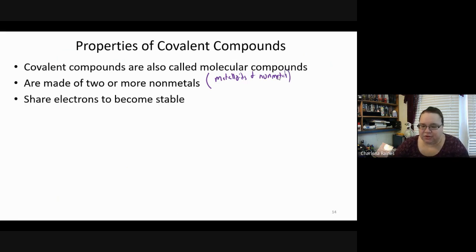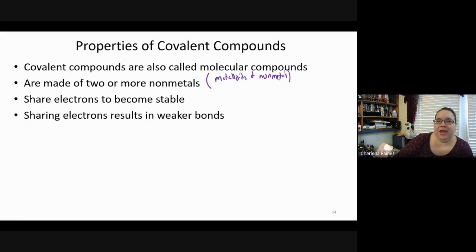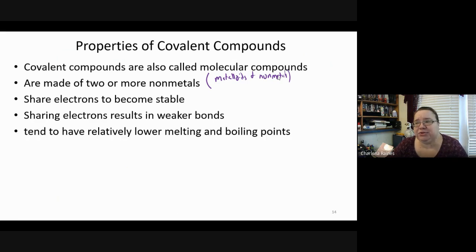Those covalent bonds, we're sharing those electrons again, and they are considerably weaker. So because the bonds are considerably weaker, they have much lower melting and boiling points. Most covalent compounds are either liquids or gases at room temperature, but those that are a solid are not a very strong solid. They're a weak solid.